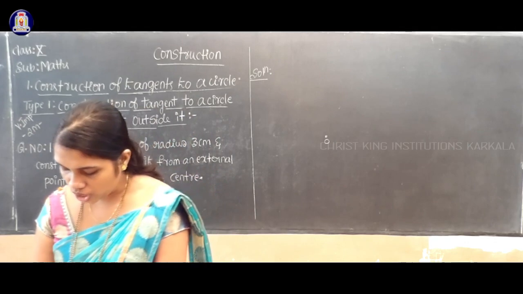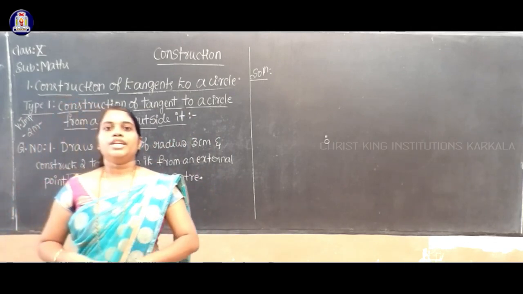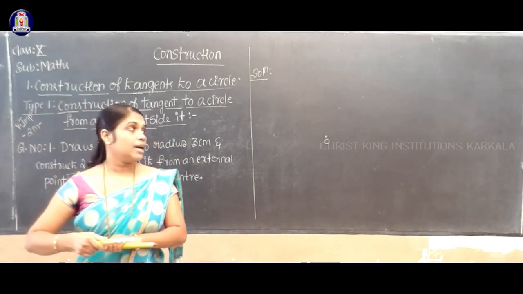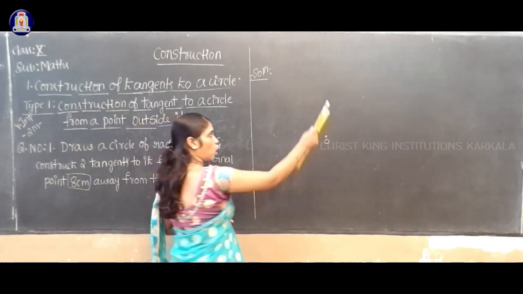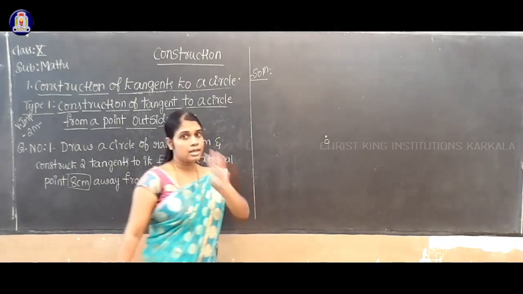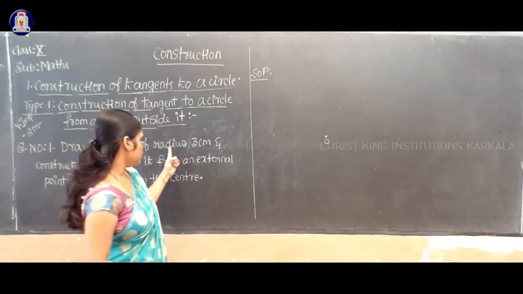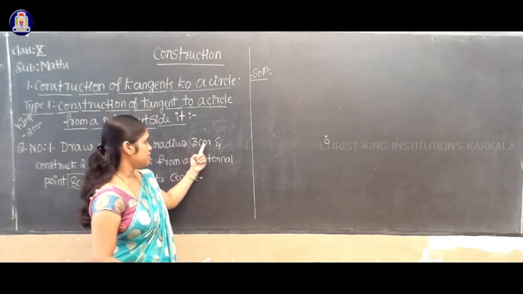Now in your compass take 3 centimeter, because first I am going to draw one circle of radius 3 centimeter. In the question they have given us: draw a circle of radius 3 centimeter.